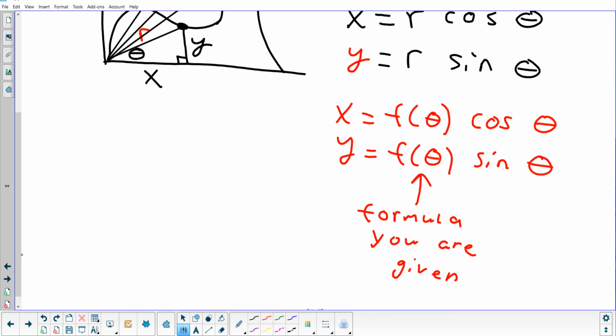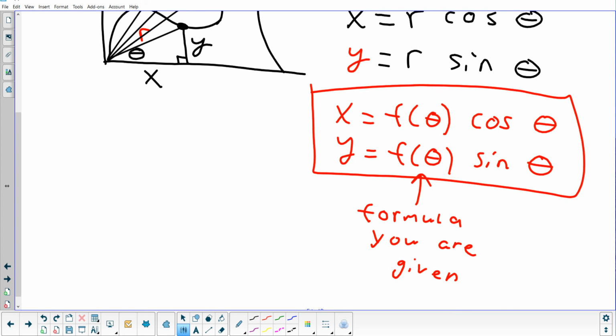Now, the only thing you're going to see different in these two formulas, when we do it in parametric, is that we don't use theta as the variable. What letter do we use? T, right?